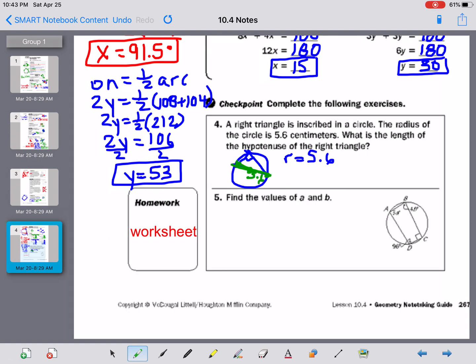If the radius is 5.6, for the diameter I'm going to double that. And I get about 11.2 for my diameter, or my hypotenuse, because they are the same thing.